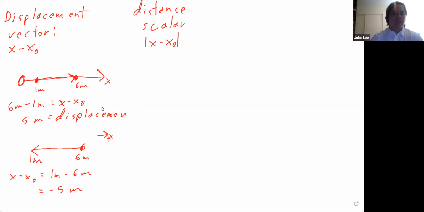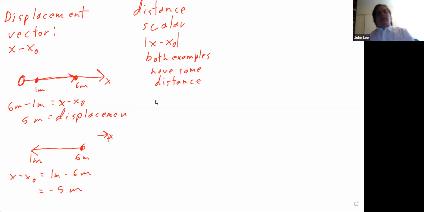So no matter which way it's going, both examples have the same distance because both examples you walk 5 meters, but you go -5 meters in one way and +5 meters in the other way. And that's going to have the same distance even though you're going in opposite directions.